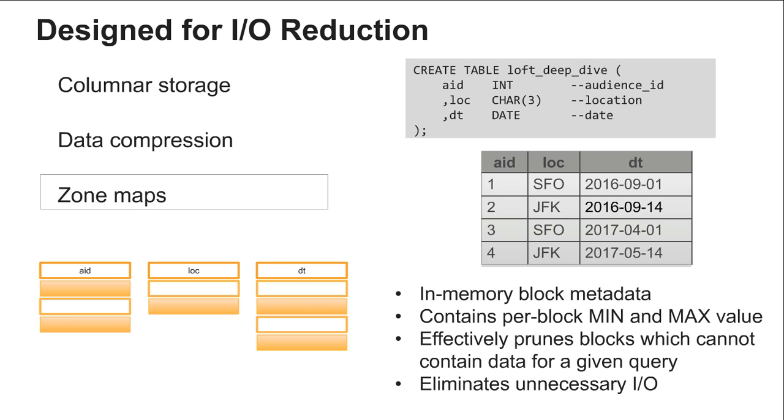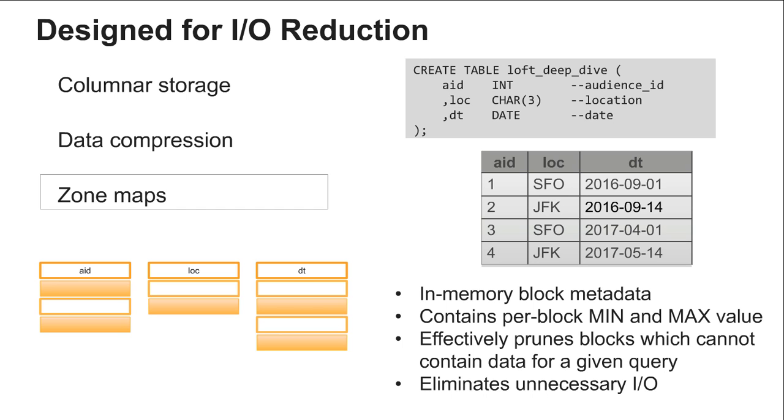The next is what are called zone maps, and I'm going to cover this a little more in depth because it's a very important concept. At a high level, we store the min and max values for what we call blocks, and we're going to get into blocks later. Each of those orange and white squares underneath each of the columns represents a block, which is 1 meg chunks of data for each column.